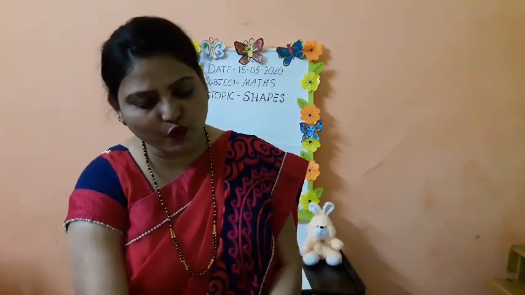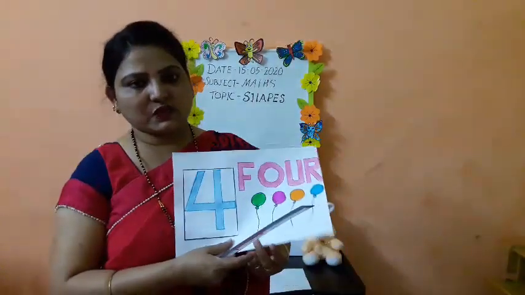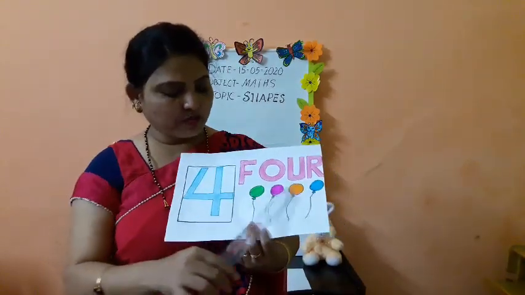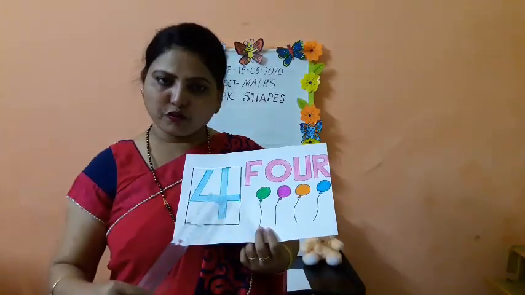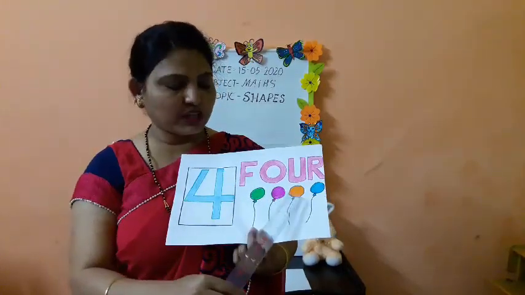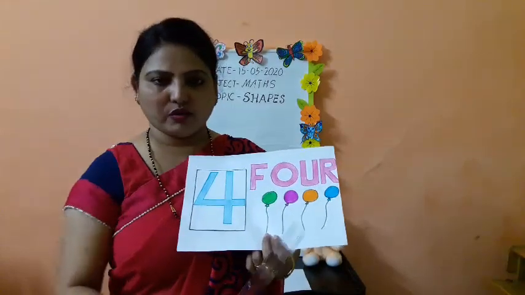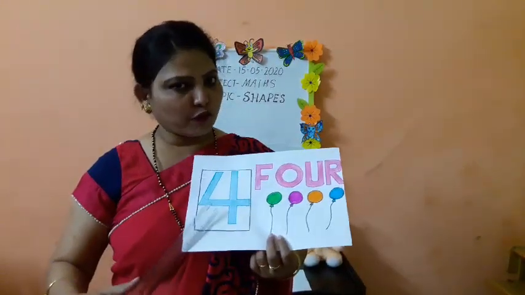Now after 3, which number will come? Yes, 4. So this is 4. And how many balloons? 4 balloons. Count with me. 1, 2, 3, 4. 4 balloons, 4 number.